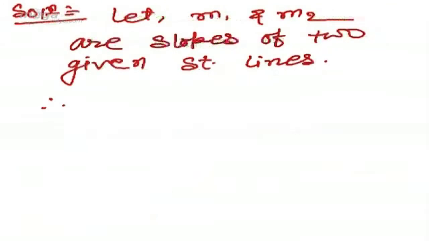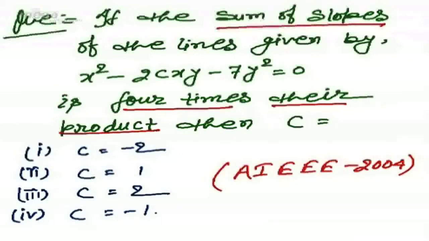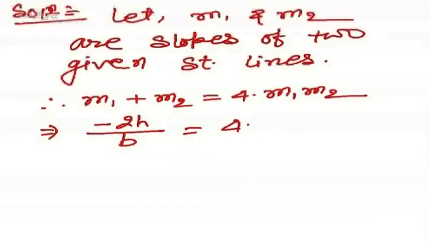It means the given condition is m1 plus m2 is equal to 4 times m1 into m2. We did that if the equation is written in the form ax square plus 2hxy plus by square is equal to 0, then m1 plus m2 is minus 2h upon b, and m1 into m2 is a upon b.